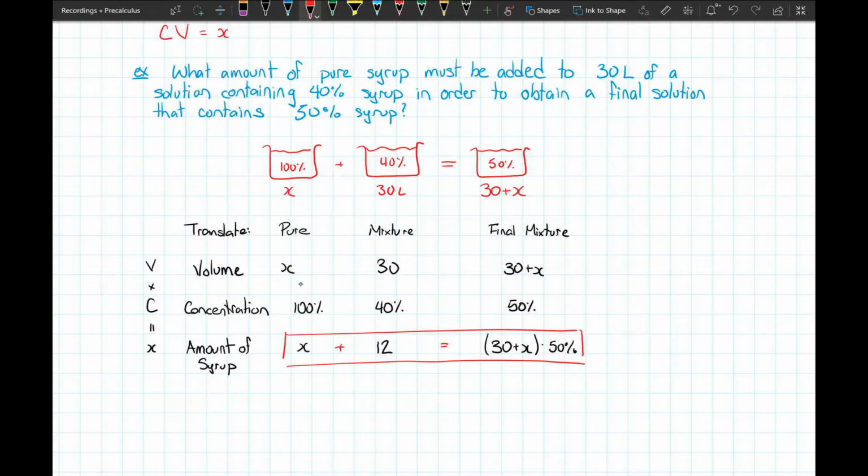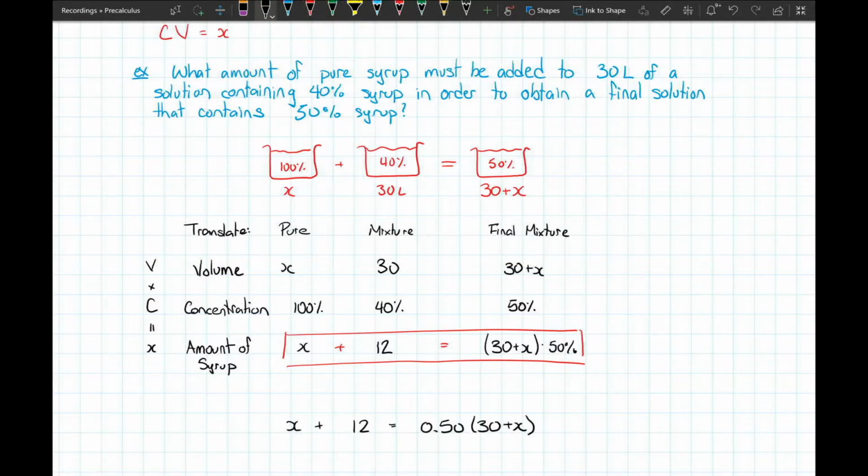But you can always try to follow this simple guide of putting volume, concentration, and amount, multiplying down, and adding the rows with volume and amount. And you should be able to come up with a sufficient equation to get the X variable isolated. So we'll try this out.